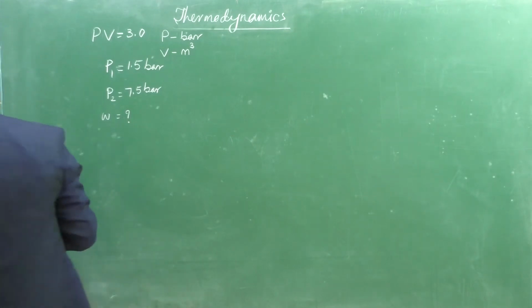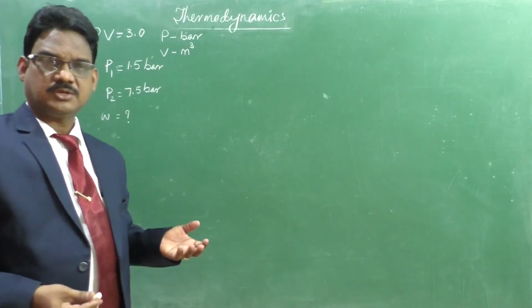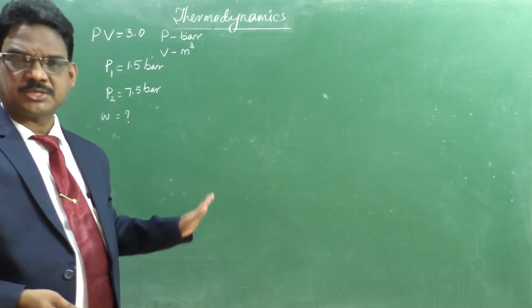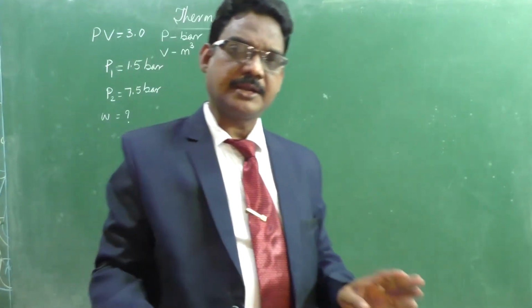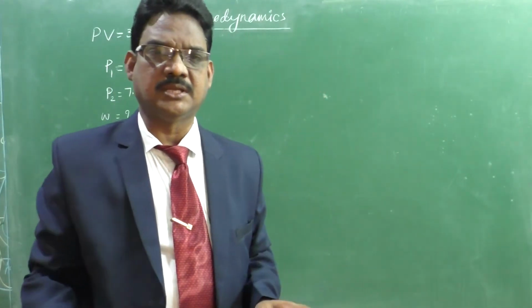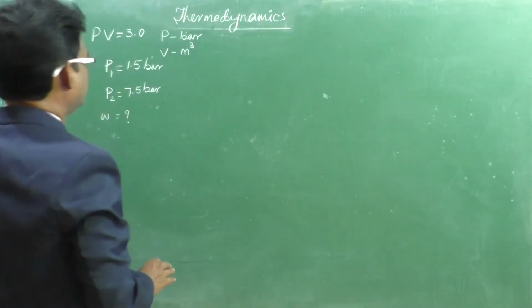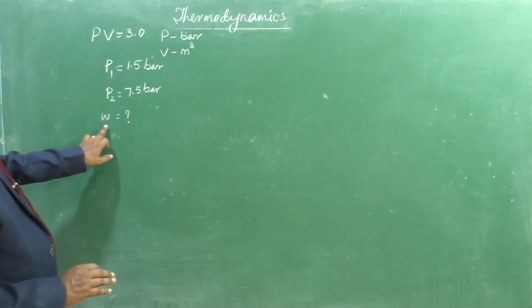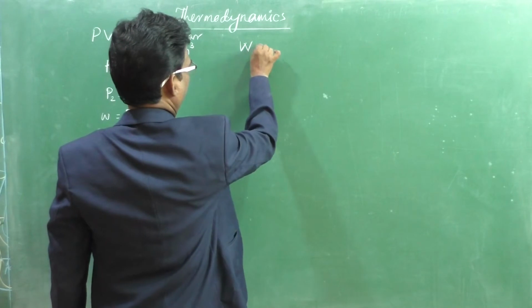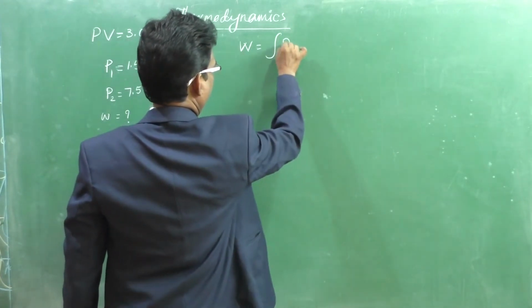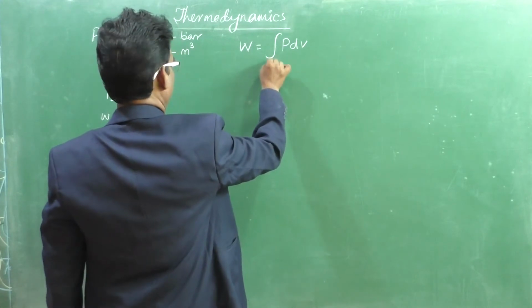In this problem, whether it is reversible or irreversible is not mentioned here. If it is not mentioned, we can directly consider it as reversible work. The reversible work is W equal to integral P dV within the limits of V1 and V2.